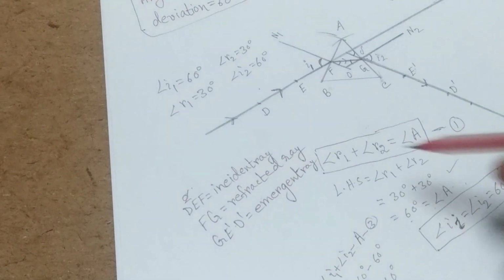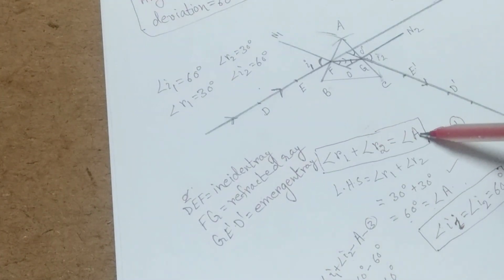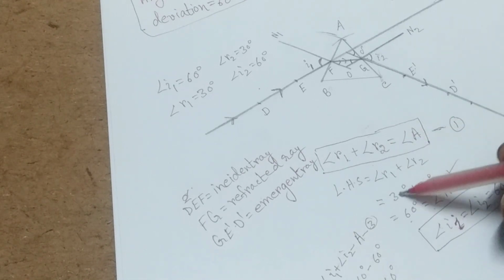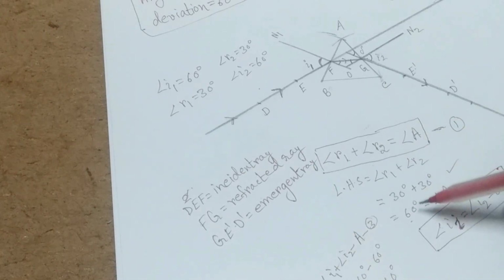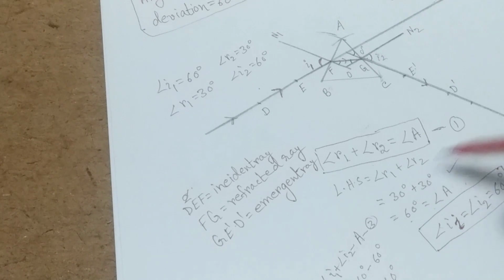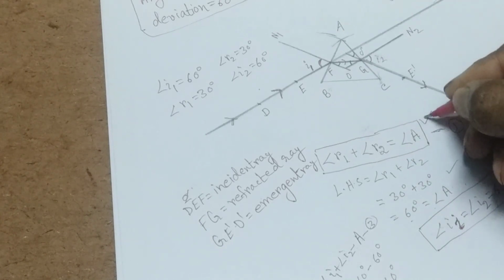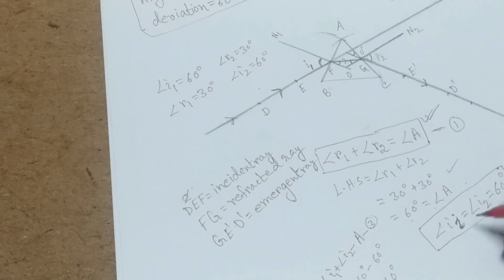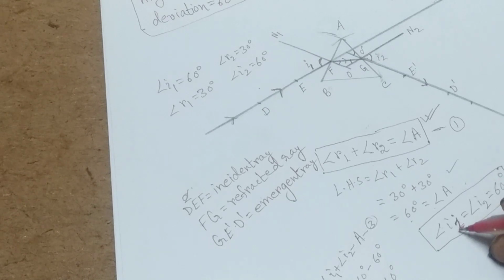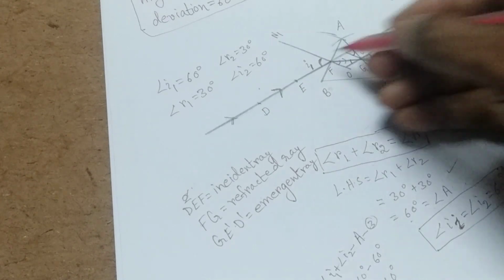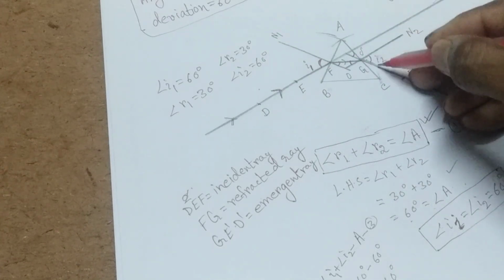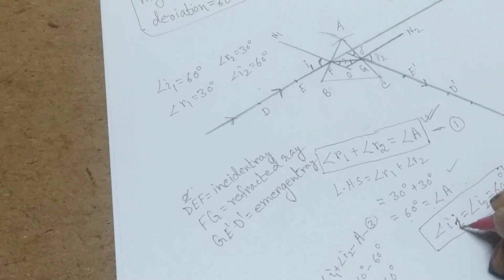First one is angle R1 plus R2 should be equal to angle A. We got angle R1 as 30 degree, angle R2 as 30 degree, that is 30 plus 30, 60 degree, which is equal to angle A. It is also correct, right? And there is another theory, that angle I1 should be equal to angle I2, that is angle of incidence should be equal to angle of emergence, and that is also correct, 60 degree.